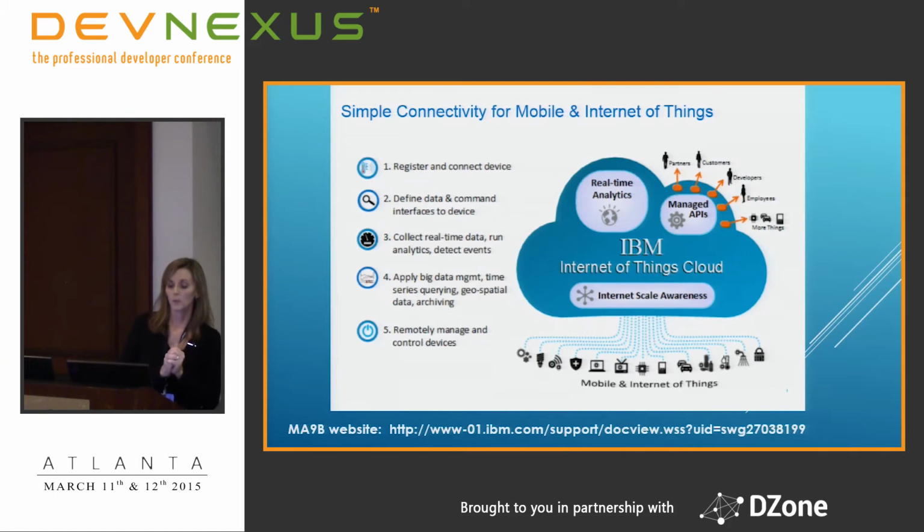There's also an IBM mobile messaging and M2M, machine-to-machine, client package, which is called MA9B, and it provides 2 Java client libraries. I think I do have the website down here, and that's if you want to actually connect your phone. You can also use this add-on to make it send with the MQTT protocol. So you can also connect those to the IoT Foundation. It's not just for remote sensors.